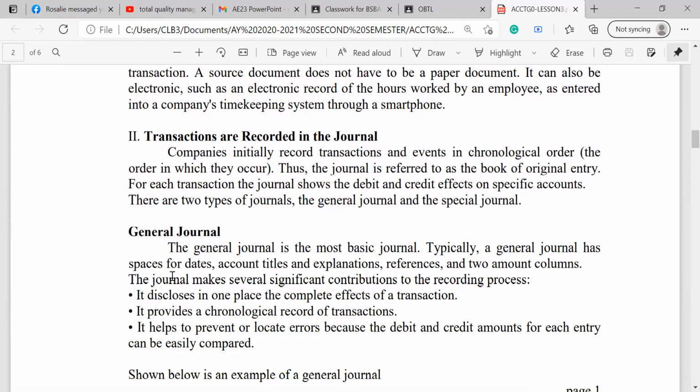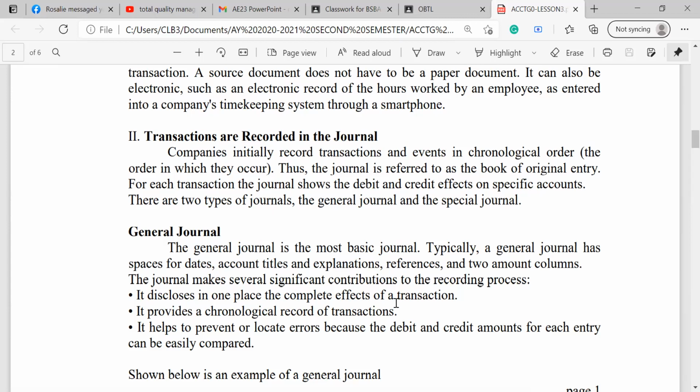Okay? Ano ang purpose ng journal doon sa accounting cycle natin? The journal is for recording purposes or for recording process. Okay? Ano yung may itulong ng journal sa atin? It discloses in one place the complete effects of a transaction. Okay?